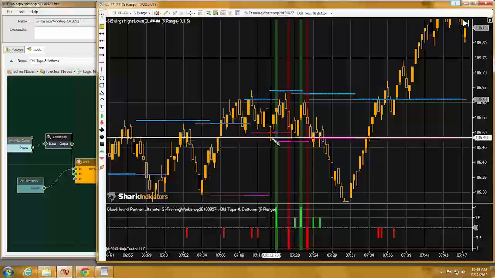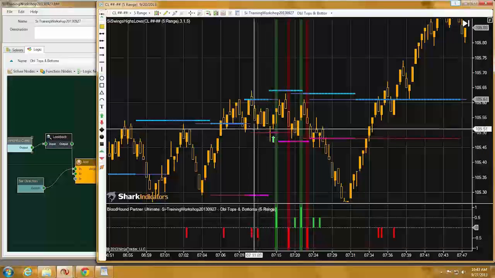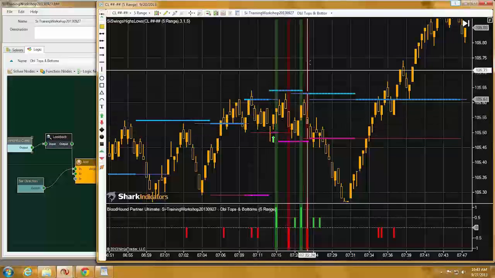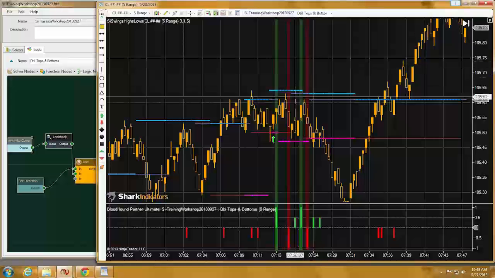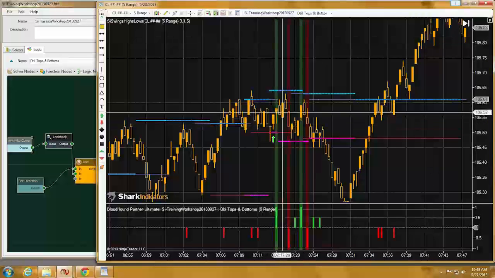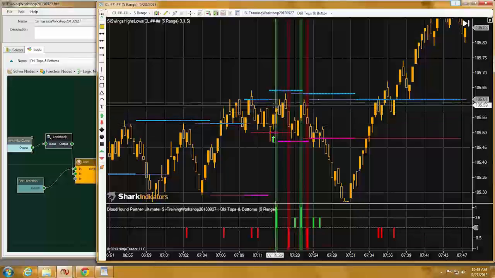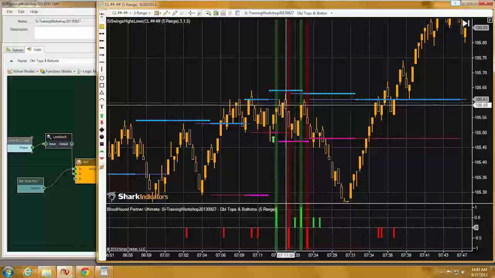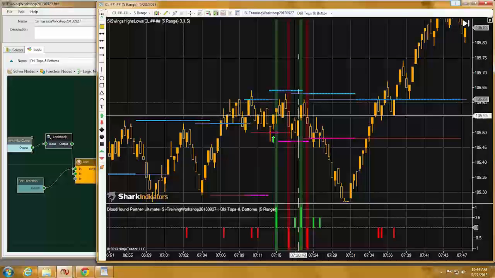Let me use an arrow. I can see this could have been a pretty good double bottom here on this upper range for a breakout to the upside. Even though the breakout did occur a little bit later, it could have very easily happened. So this could have been a good long signal, but of course only time would tell that we actually got caught in a range here.